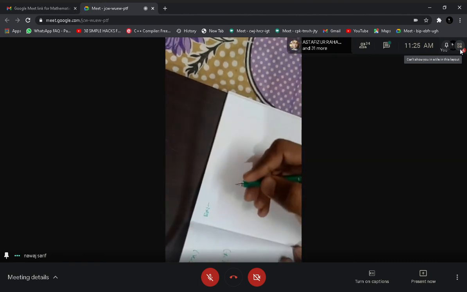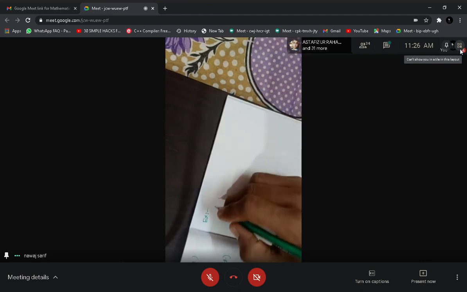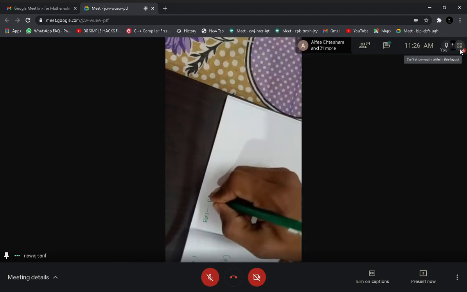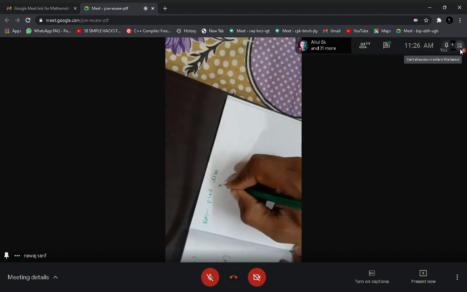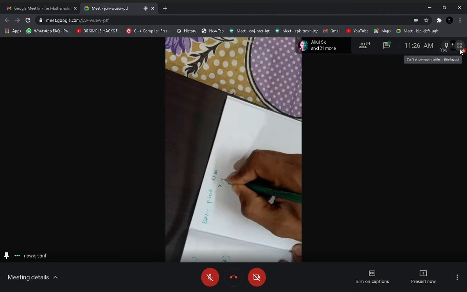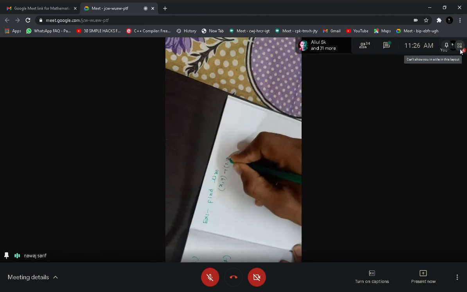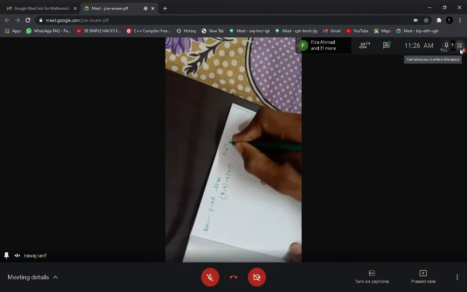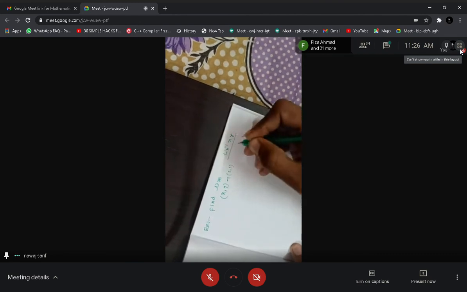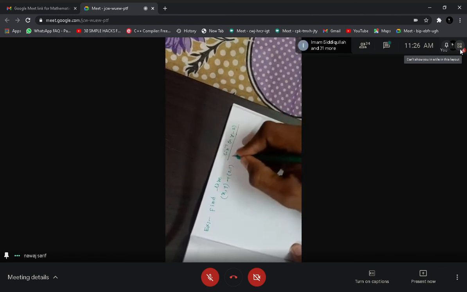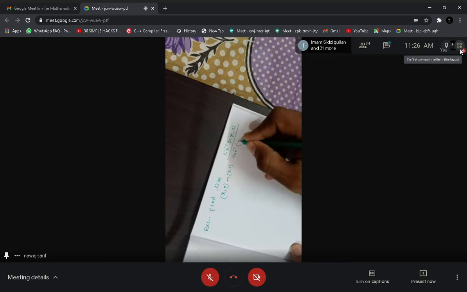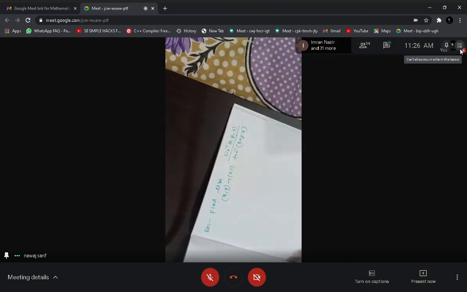Find the limit as x, y tends to 2, 1 of sin inverse of (xy minus 2) divided by tan inverse of (3xy minus 6).